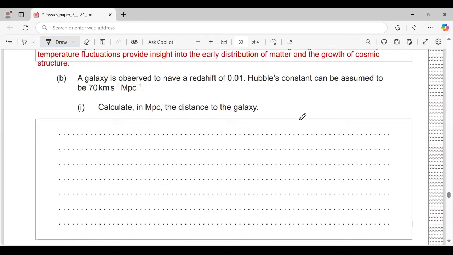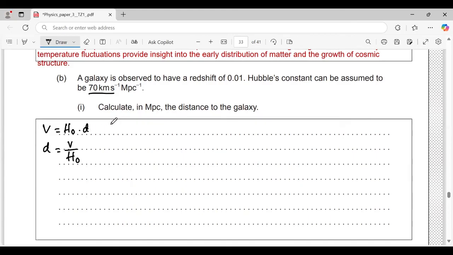To calculate the distance, we can use Hubble's law, which says that v equals H0 times d. Rearranged, d equals v over H0, with v the velocity of the galaxy, H0 the Hubble constant, and d the distance to the galaxy.